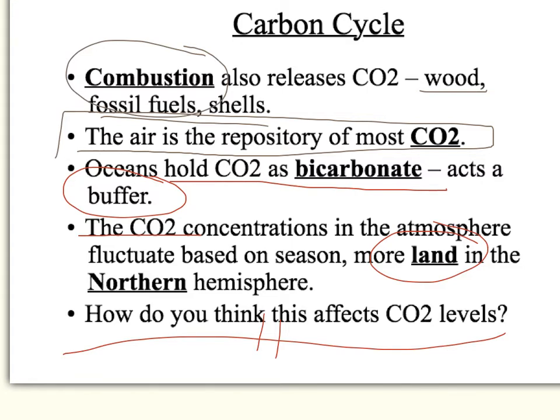In the summer season in the northern hemisphere, you have a lot of photosynthesis going on, and you're taking some of that CO2 out of the atmosphere, versus in the wintertime when plants have lost their leaves and are dormant. We're not going to be taking all that CO2 out of the atmosphere. Now, of course, the southern hemisphere will be, but like we just said, there's less land available.